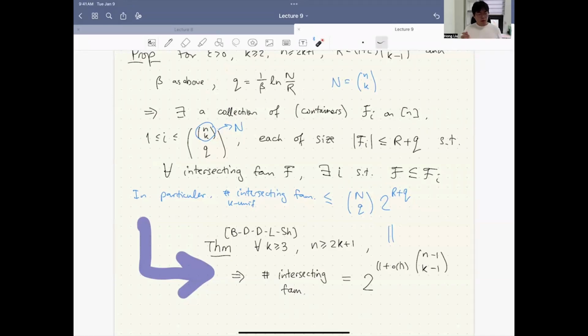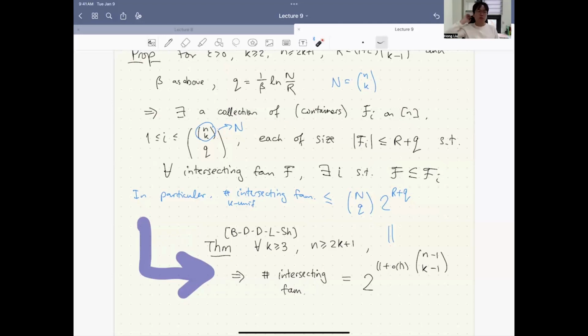Now, this is an application of graph container. So let's start talking about hypergraph container, but still in a rather informal sense, because the full statement of the hypergraph container theorem is quite technical.